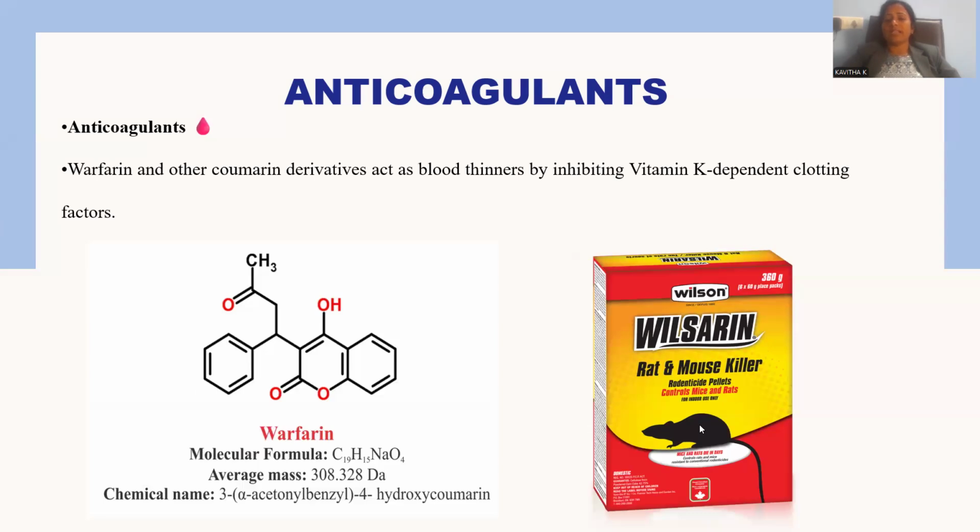So rodenticide, warfarin is the well proven rodenticide, which is composed of this coumarin with a hydroxyl over the position number 4. At the third position, we are having a bulky alkyl side chain, which is said to be warfarin, composed of C19H15NaO4, and this is the most important proven drug with respect to anticoagulant and rodenticide as well.